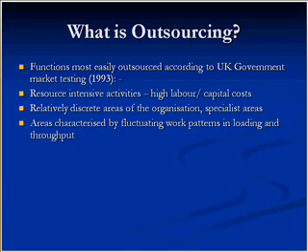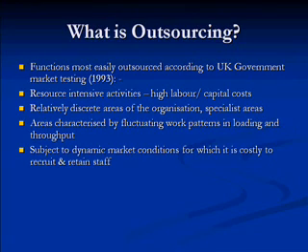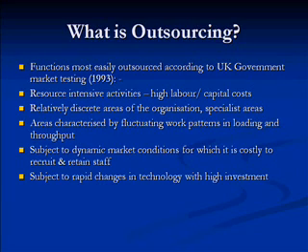So for those things, what we need to do is outsource it to different companies, and we can save the cost because our employees are not sitting and doing that. So that is what they're talking about, fluctuating work patterns. Subject to dynamic market conditions for which it is costly to recruit and retain staff.